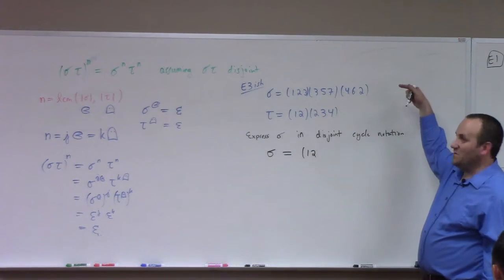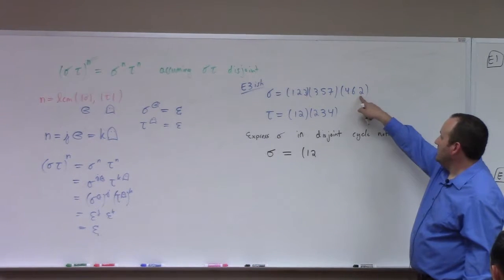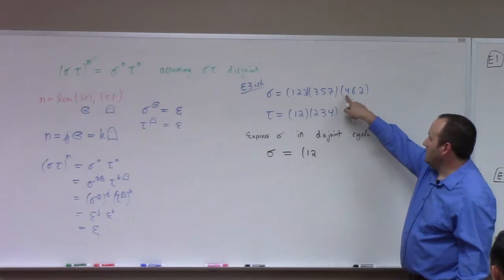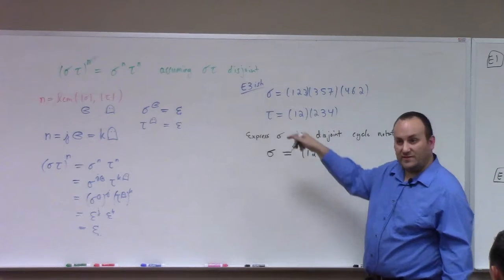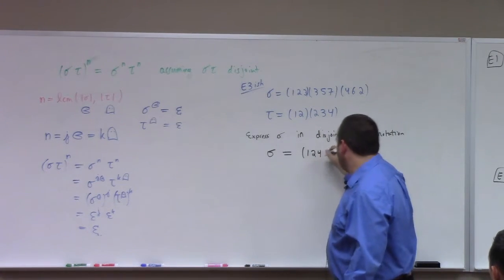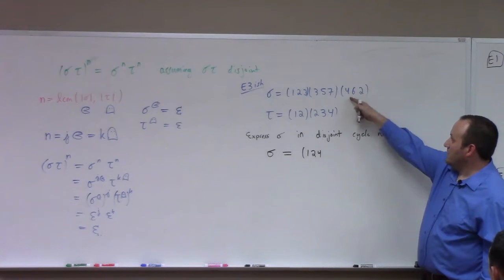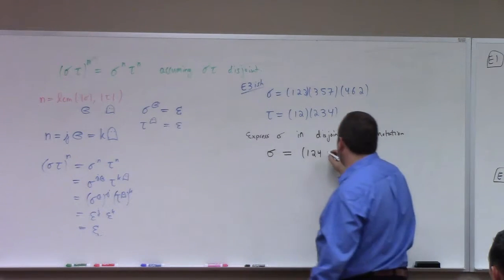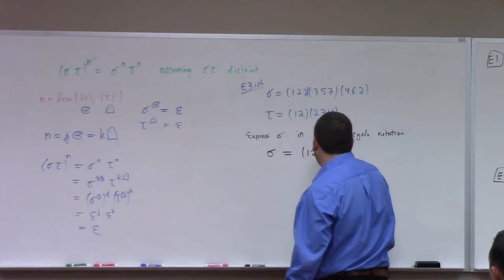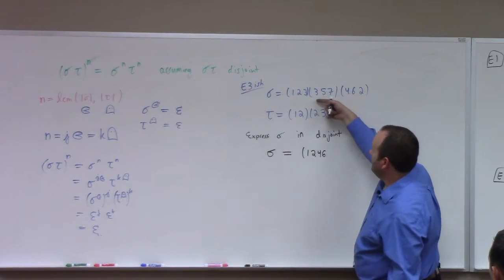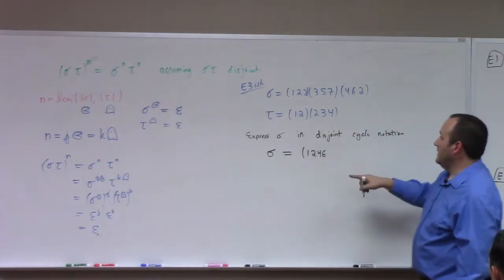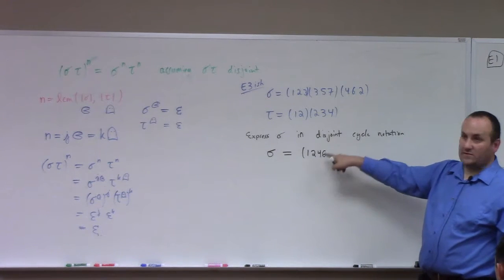I'm at 2. Where's 2 go to? Oh, 2 goes to 4. I'm at 4. Where's 4 go to? 4 goes to 6. Now I'm at 6. Where does 6 go to?